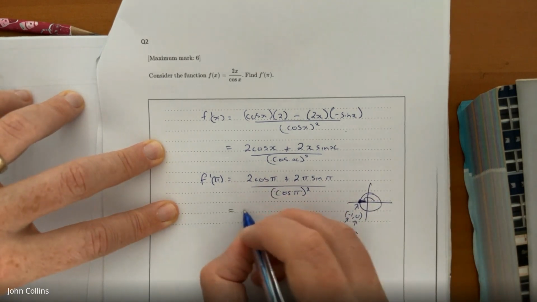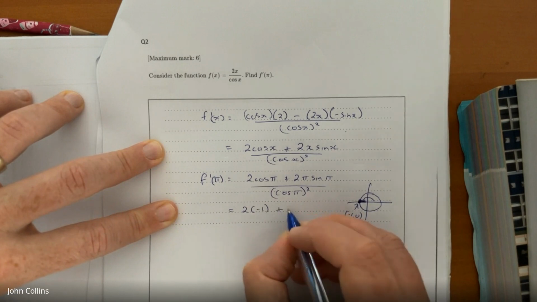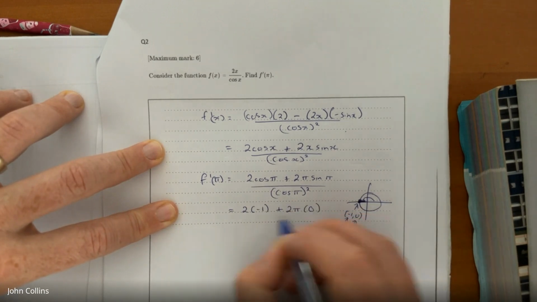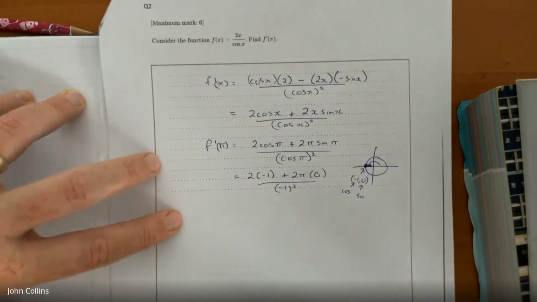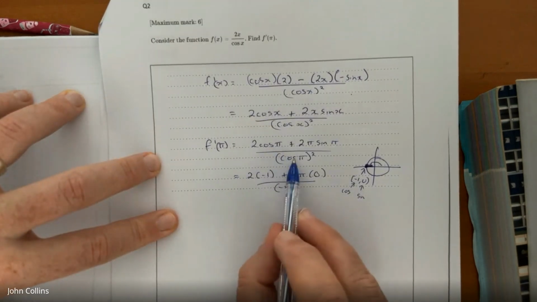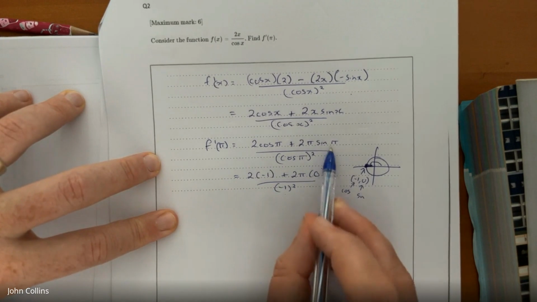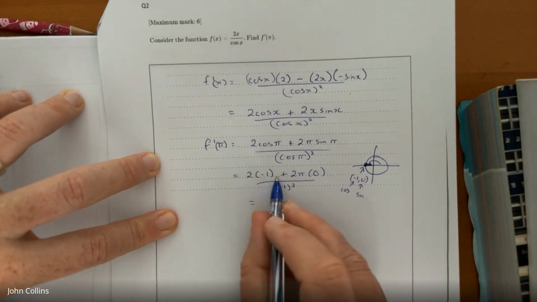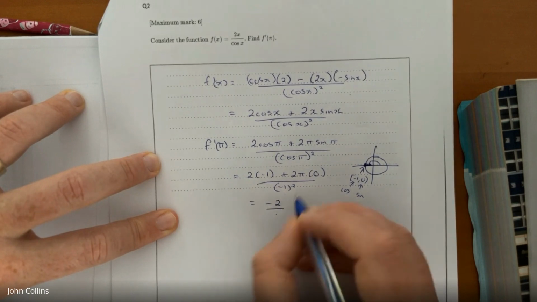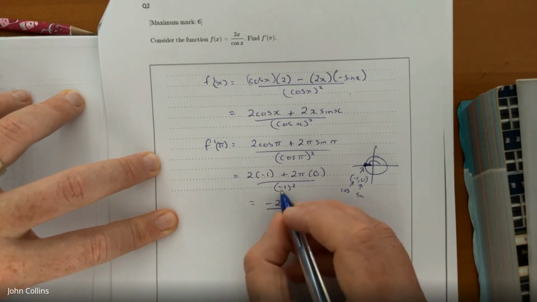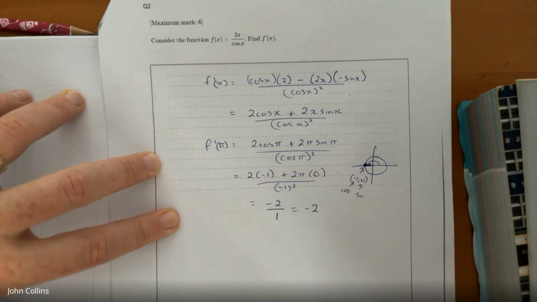So we have 2 times minus 1, plus 2 pi times 0, all over minus 1 squared. Working this out, I get minus 2 over 1, so the answer is minus 2.